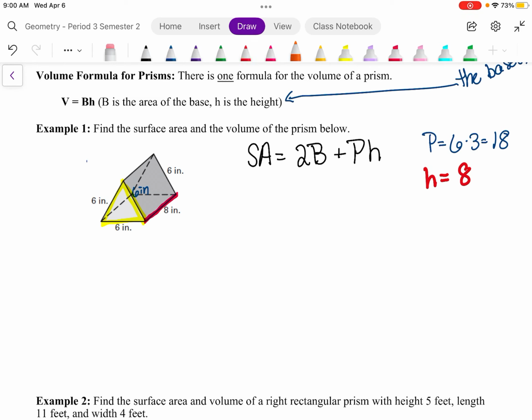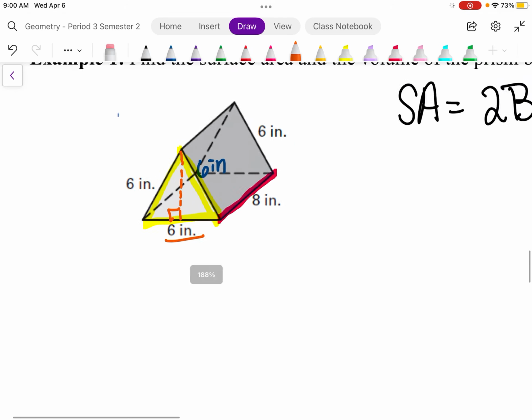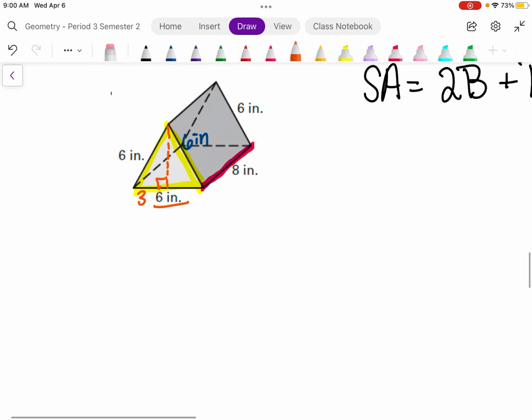Now we can find the area of the base. Our base is a triangle, which means the area of that is going to be 1/2 the base length, which is 6, times the height of the triangle. So we don't know that yet, but we can figure it out. So we can draw in our angle bisector, or our altitude, kind of. This would cut that side in half, making this 3.